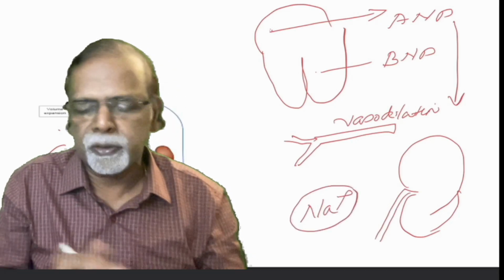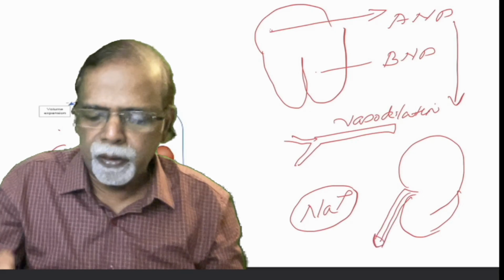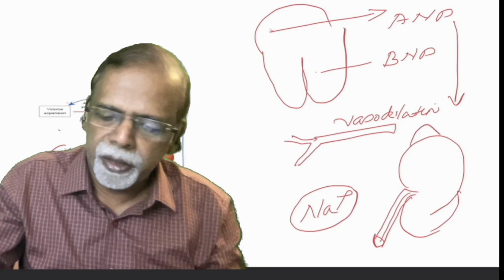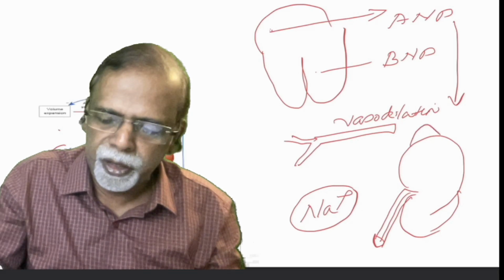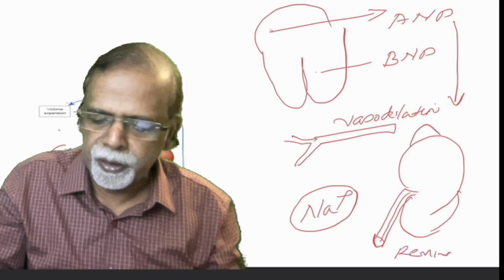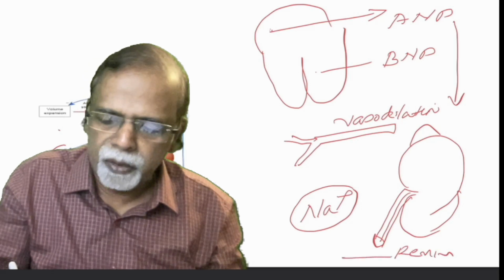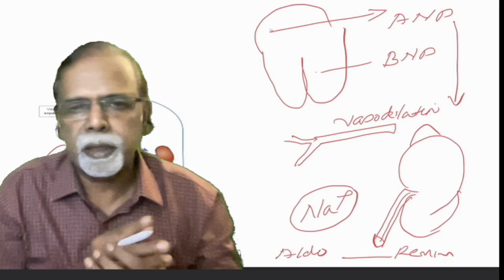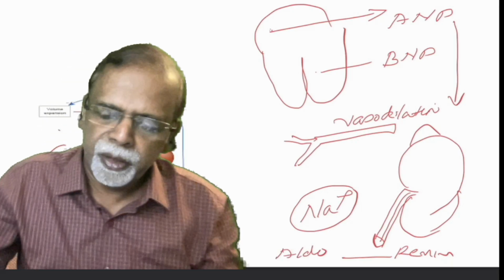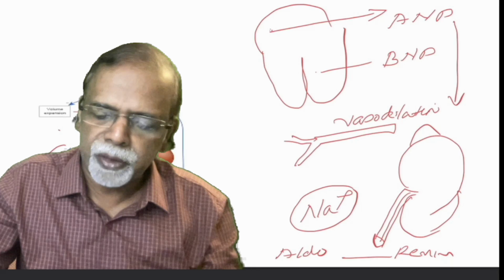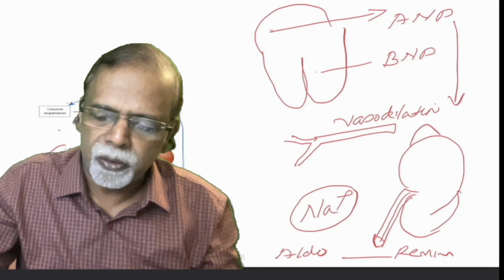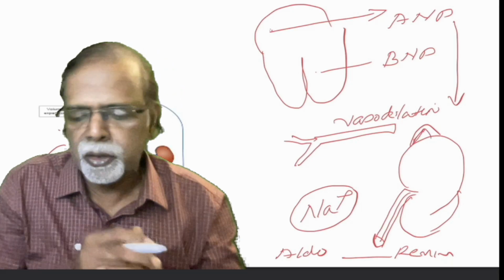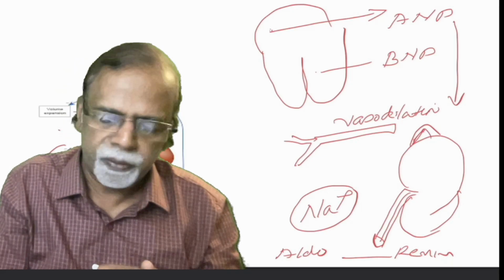Exact opposite action of the renin-angiotensin system. This will decrease the secretion of renin. Renin is decreased, so the aldosterone is decreased, again helping to decrease the fluid retention. It also has some action on secretion of the aldosterone, so it decreases the secretion of aldosterone from the zona glomerulosa.